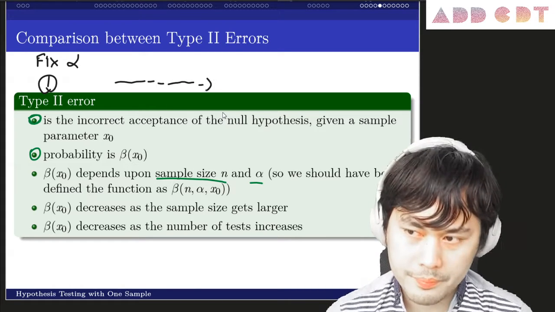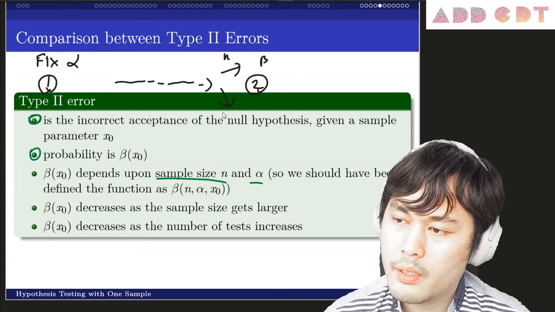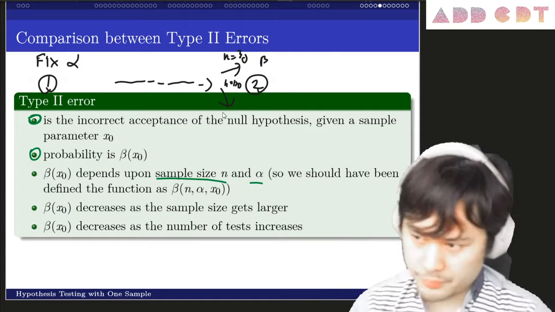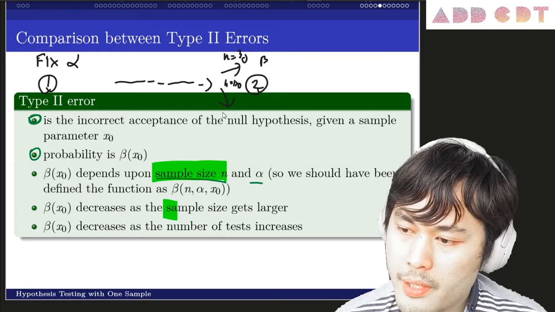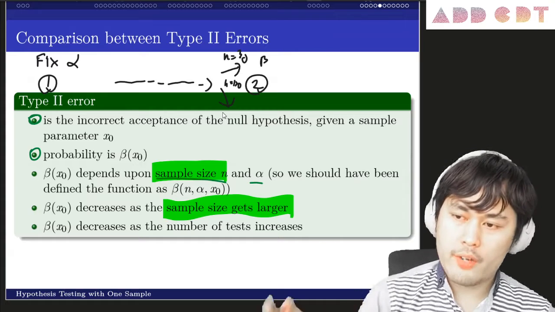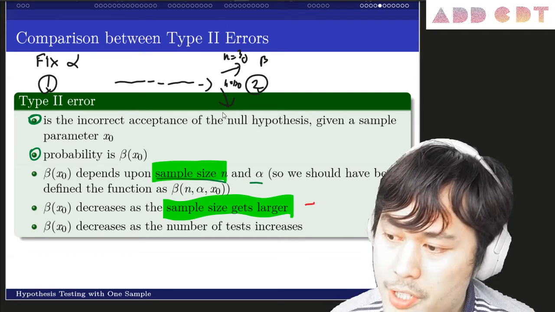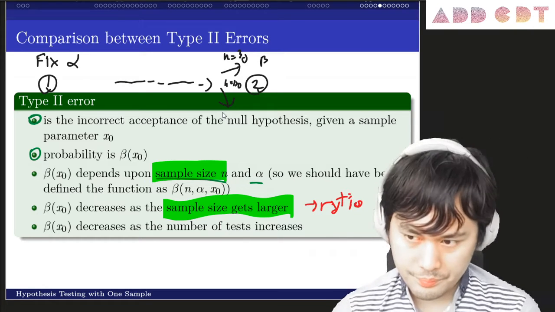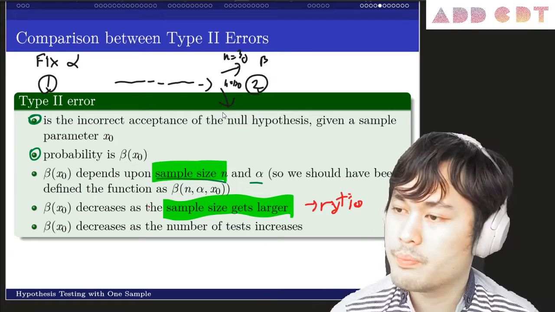But then we can compute beta, and that will change depending on how large our sample size is. And it is explained below here that if the sample size gets larger, if you have more and more samples, then the error is going to decrease. And in this case, I think they talk about the ratio. Oh yeah, that's again another confusing part. But the ratio is going to decrease as the sample size gets larger and larger.